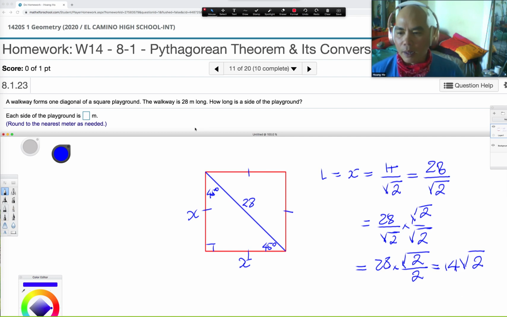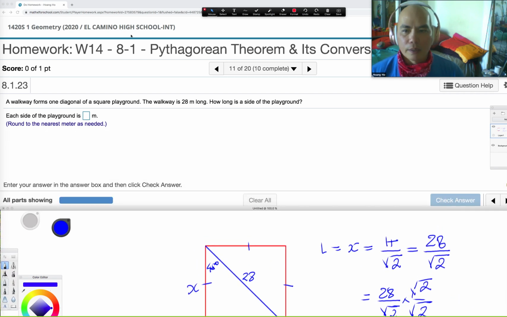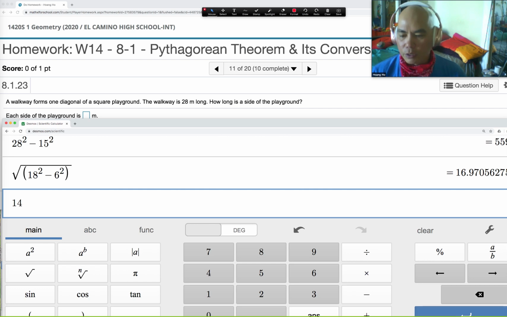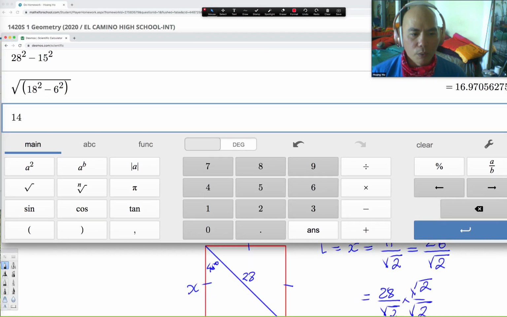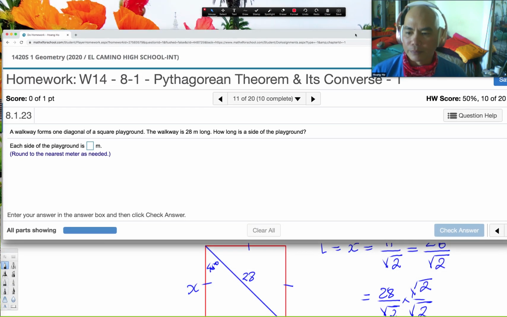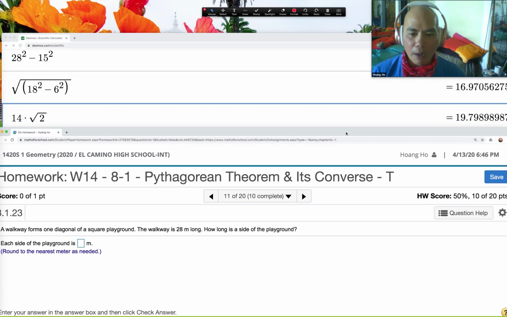But since they want your answer to the nearest meter, I use my decimal calculator. All right, here we go. Okay, so 14, I multiply with square root of 2. All right, I come out 19.789, but since they expect the answer, oh, I forgot to divide by 2.